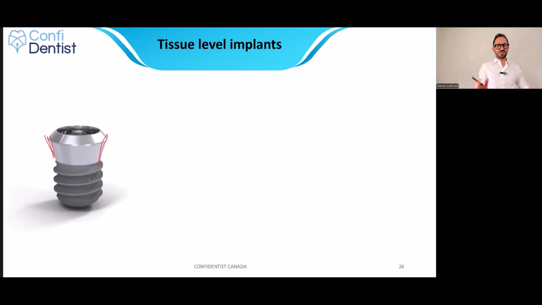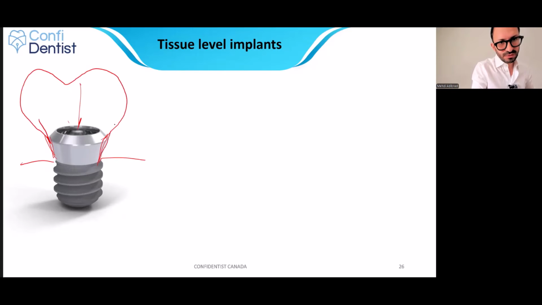Because the implant platform, prosthetic platform, is shallower, more toward the occlusal surface of the final crown. So this helps to develop the final crown emergence profile.